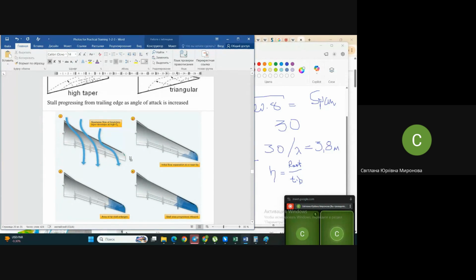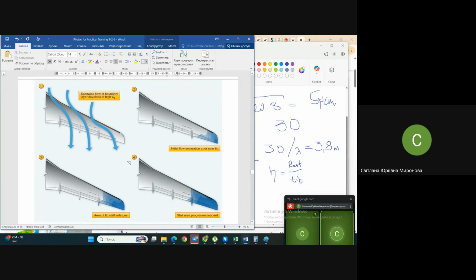Here is shown a swept wing and the downwashing of the swept wing in case of increasing coefficient of lift, increasing angle of attack. For a straight wing, this downwashing has a bit different picture. Once again, it's proven, it's checked, it's tested in real life, in wind tunnels, and so on.